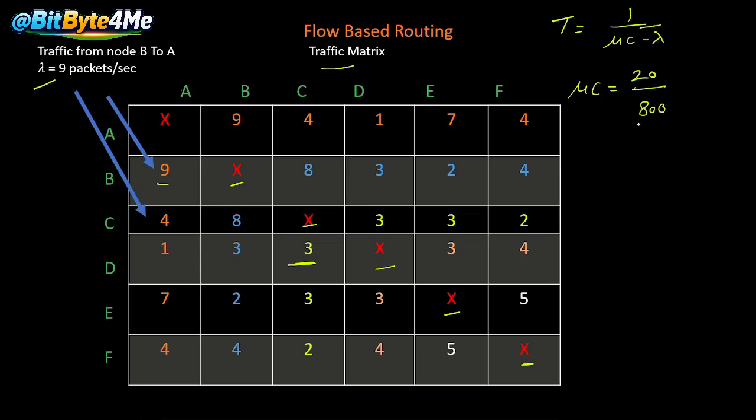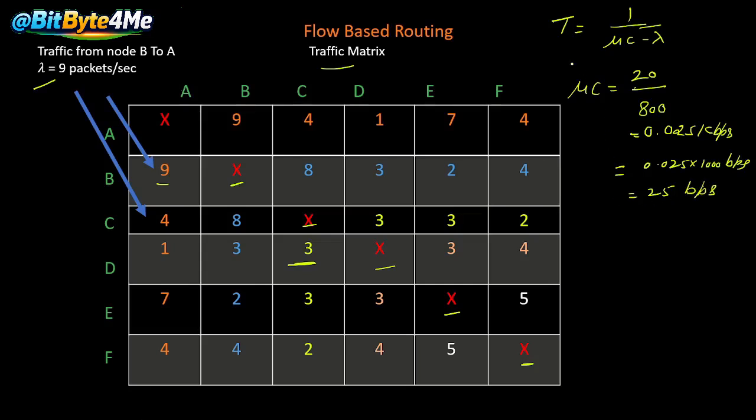So the value of 1 over mu is 800, then mu C is equal to 20 over 800, which comes out to be 0.025 kilobits per second, which is equal to 0.025 into 1000 in bits per second, which comes out to be 25 bits per second.